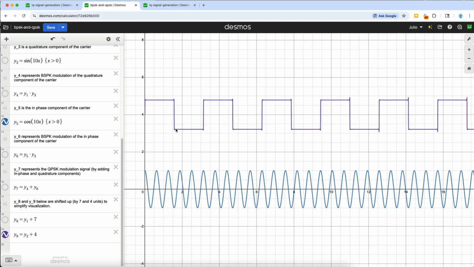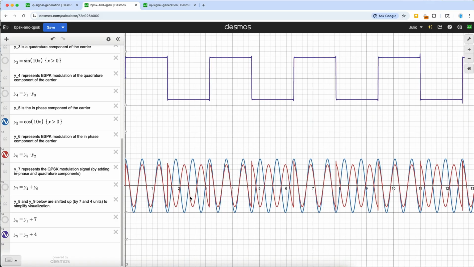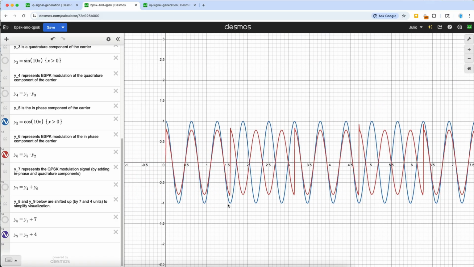Notice that in this case, when this sends a 0, instead of going here, it's going to jump. There are going to be jumps of phase whenever there's a change from 1 to 0, or from 0 to 1. Let's plot that, and that is this waveform right here. Let's zoom in. Whenever we send a 1, our modulated signal, the red signal, follows the blue signal.